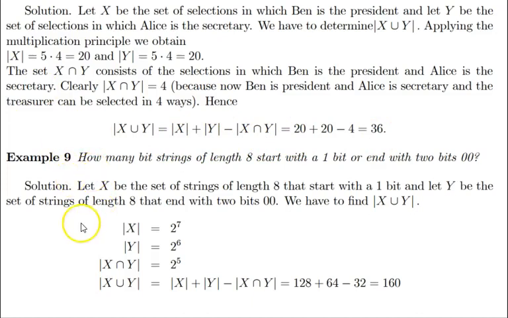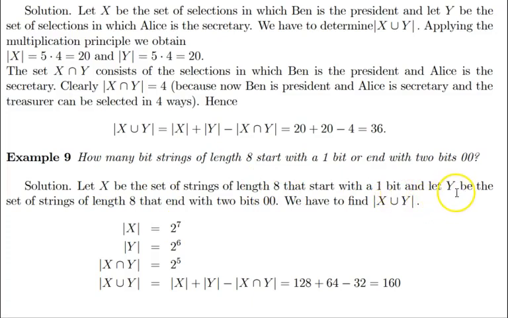Example 9. How many bit strings of length 8 start with 1 or end with 0, 0? Solution. Let X be the set of strings of length 8 that start with 1.